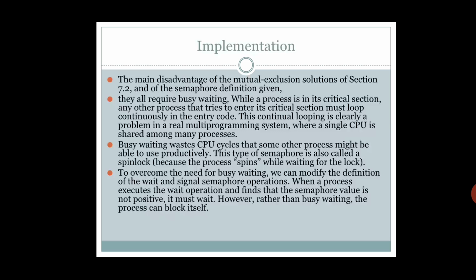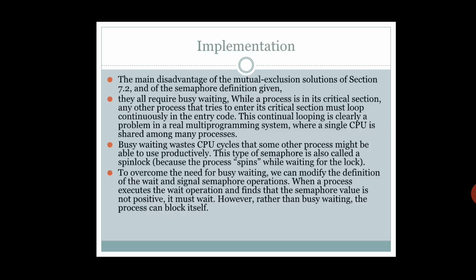This continual looping is clearly a problem in a real multiprogramming system where a single CPU is shared among many processes. Because when you go for multiprogramming, if this case persists, there will be a problem with respect to performance.